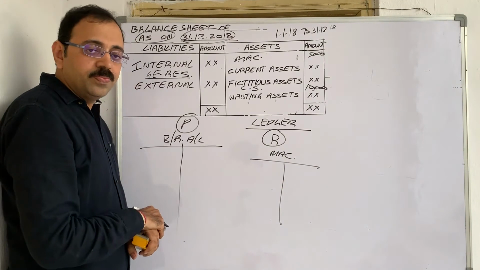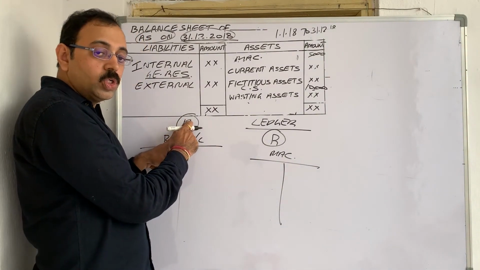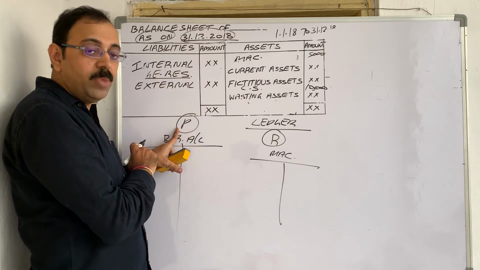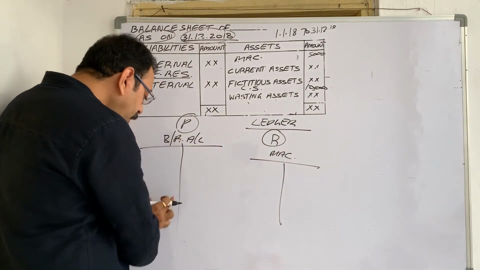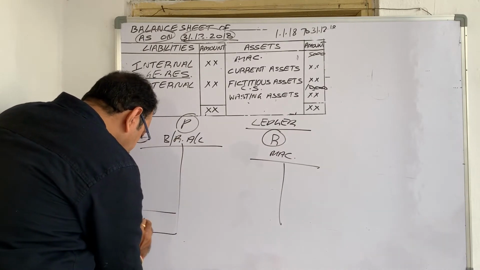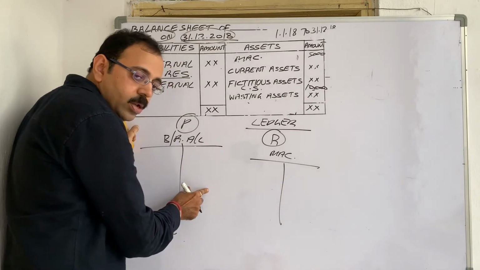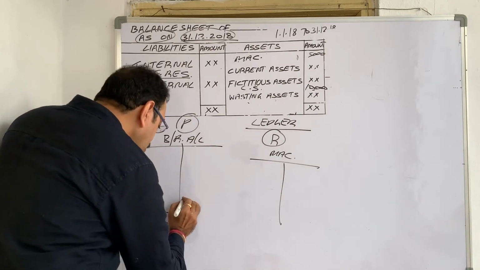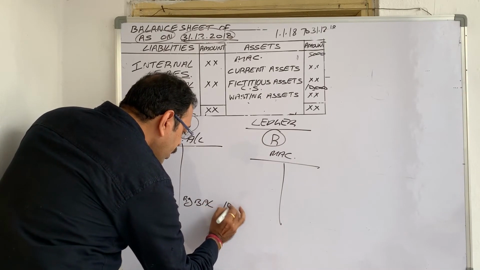Observe these two. If any personal account shows a debit balance, means what? After posting all the values, the debit total is 50,000, the credit total is 40,000. So on which side do we record balance carried down? Credit side.